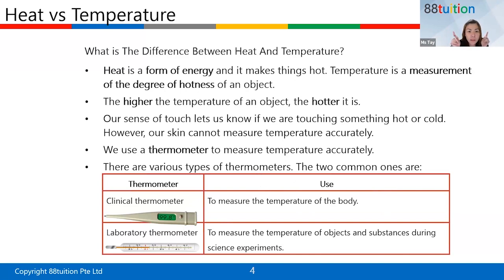Have you seen the temperature range that it can actually measure? Did you notice? Anyone? What is the range? Anyone knows? Type into the chat. Yeah, everybody say way longer. You use the laboratory one in the science lab.